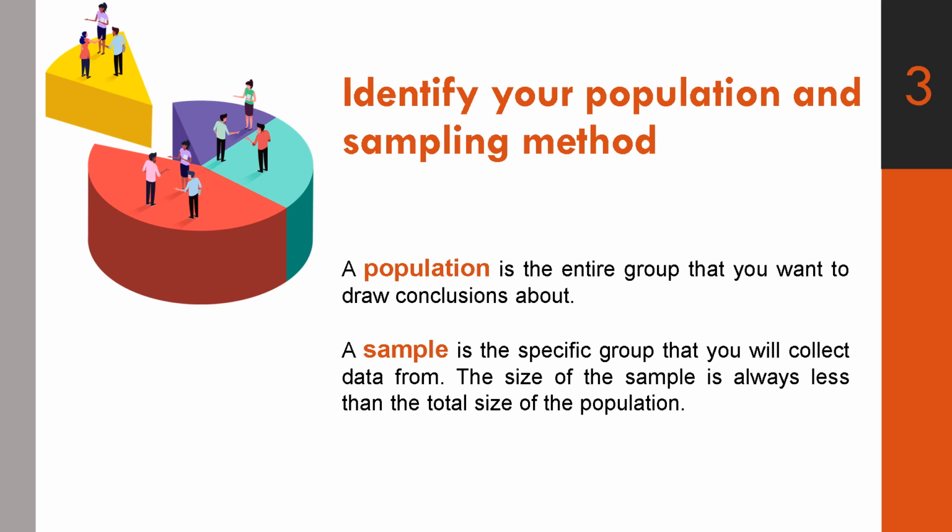So, that's the difference. The population is the entire group where you will draw the conclusion. But the sample is just a part of that population. For example, you want your respondents to be the Central Luzon science teachers, but you only got respondents from Tarlac and Zambales.